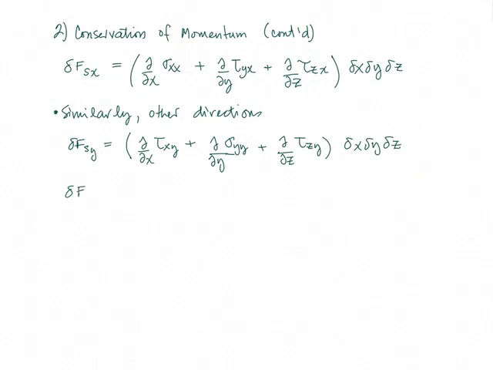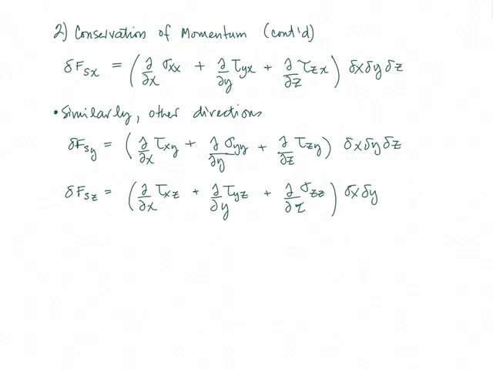And df surface in the z direction is equal to ddx of tau xz plus ddy of tau yz plus dz of sigma zz. So you see the pattern there that results. Multiplied by the volume dx, dy, dz.